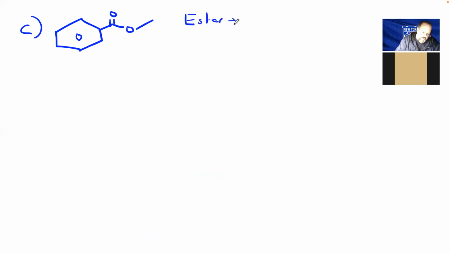Letter C. So for this one, we have the following. So what do you have here? Here you have an ester. Esters are a little bit tricky to name. Essentially, when you name an ester, what you have are two words.